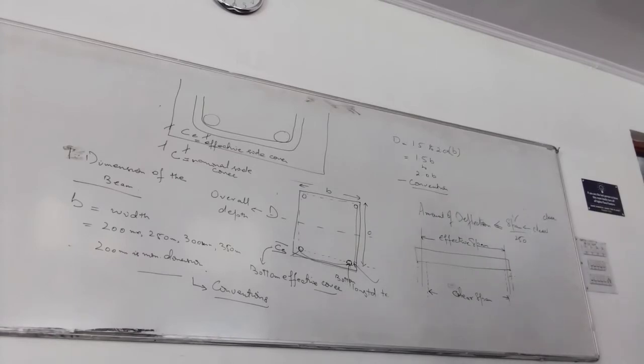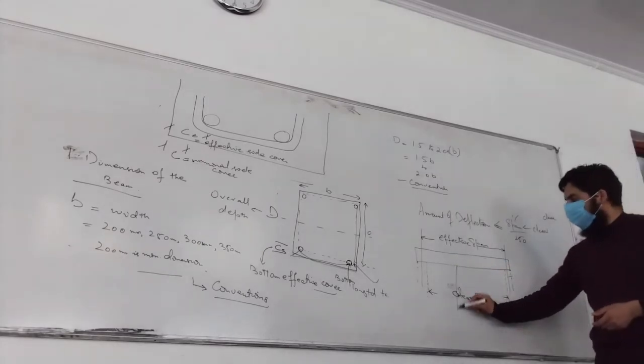Then the second one, B: the deflection including the effects of temperature, creep, shrinkage, after erection of partitions and application of finishes should not normally exceed span by 350 or 20 mm. Now here is for when you are putting in the partition as well somewhere.